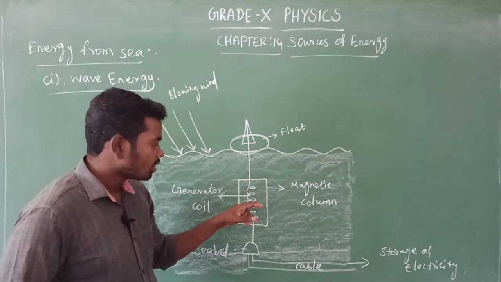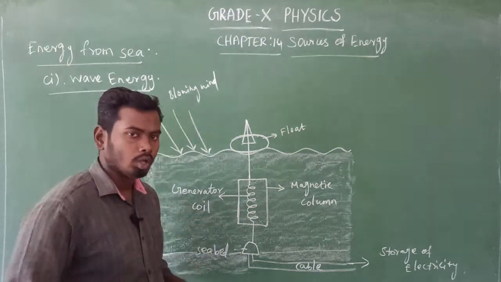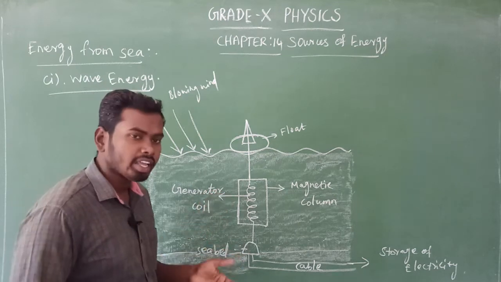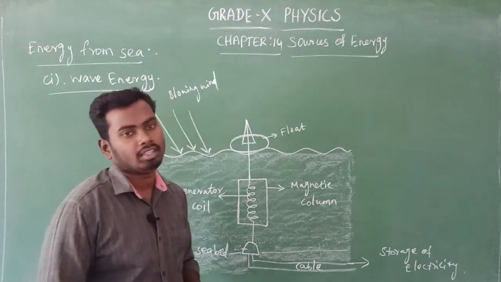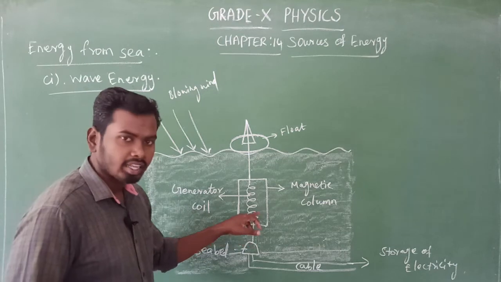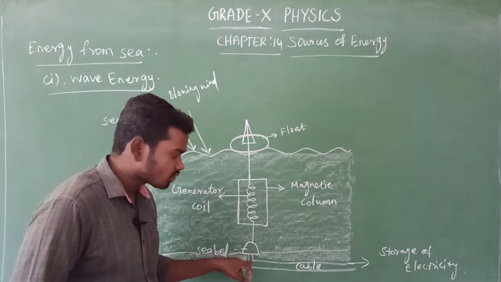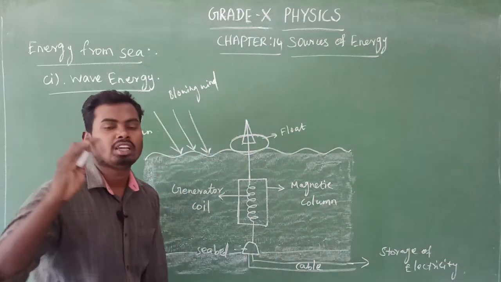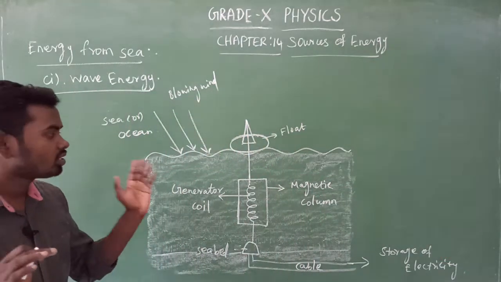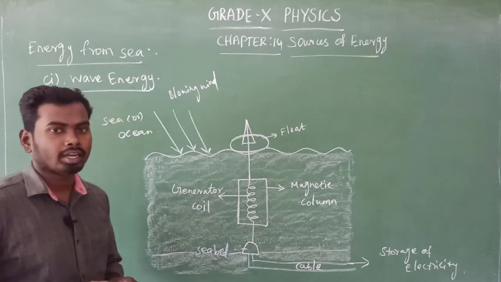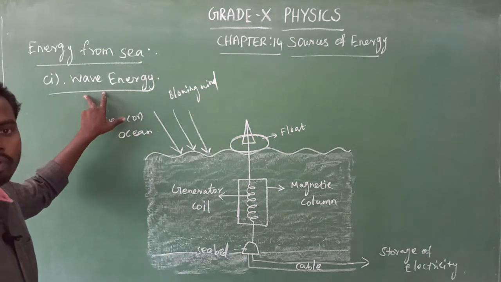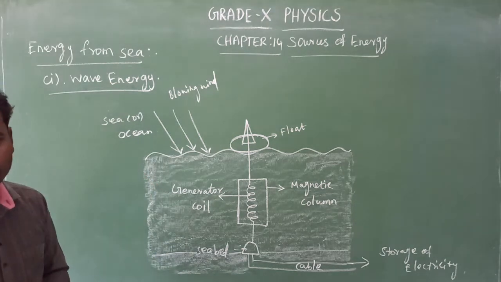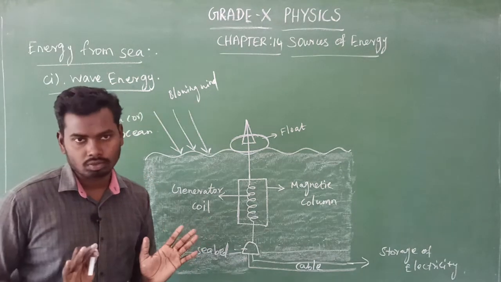This movement of the generator coil creates electricity. This electricity is safely transferred through the cable and stored outside of the sea or ocean. That's all. This is how electricity is generated by sea or ocean waves. This is one of the methods. Is it clear? Yes, that's all, very easy.